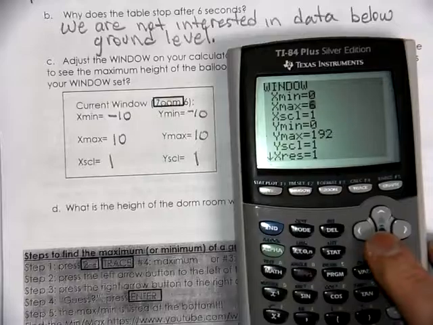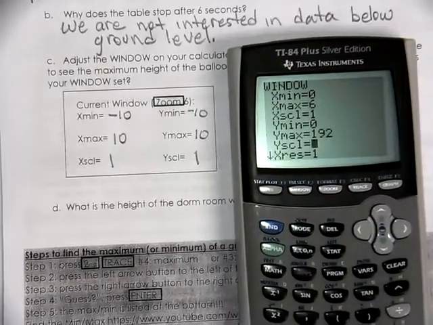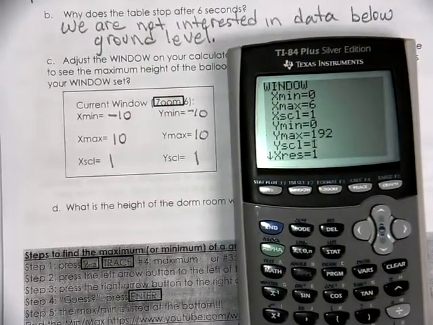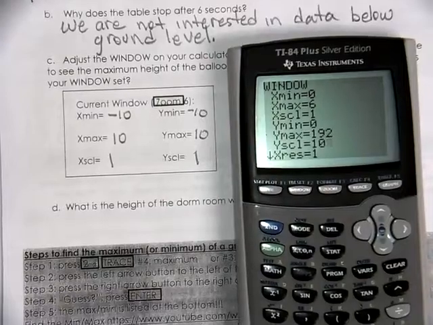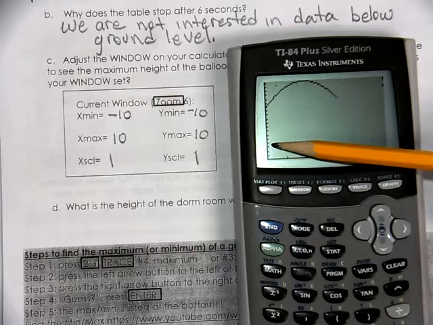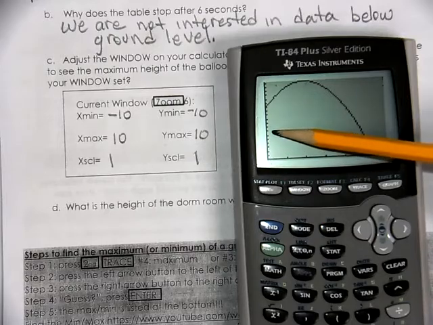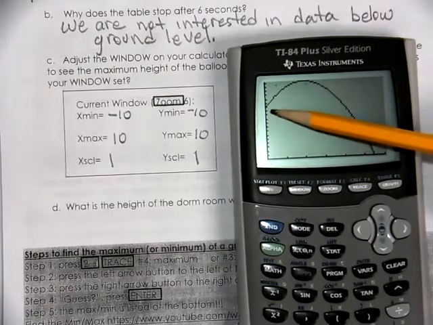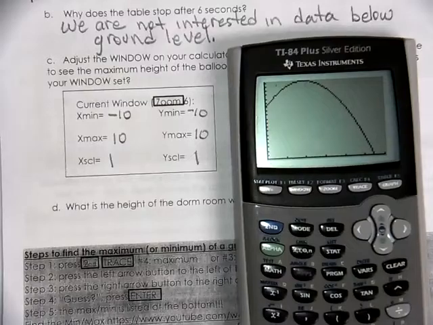So maybe you would want to come in here, and sometimes it's a trial and error situation, but maybe tens. If we counted by tens, could we see a little bit better where those tens were? Now you can kind of see where the tens are. It does not change any answers. It only makes the graph show the tick marks along the scale.